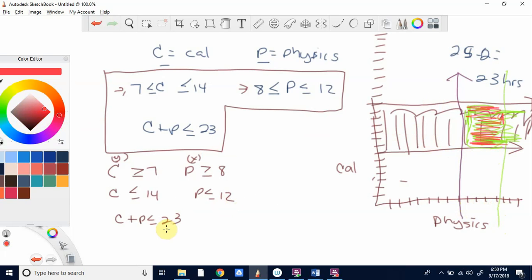Okay, then we have to graph this. So we have to solve for C. C is less than or equal to negative P plus 23. So we're going to go all the way to 23. So this is 14, 15, 16, 17, 18. So it's all the way up here, the y-intercept.